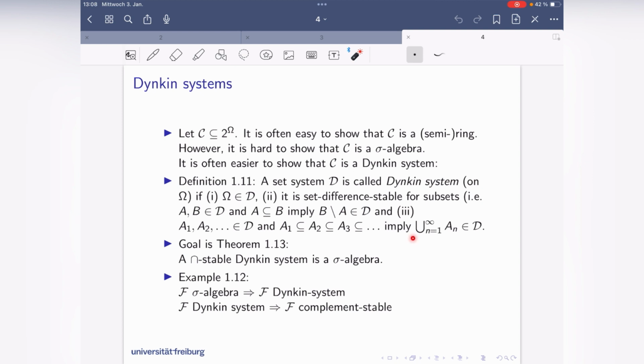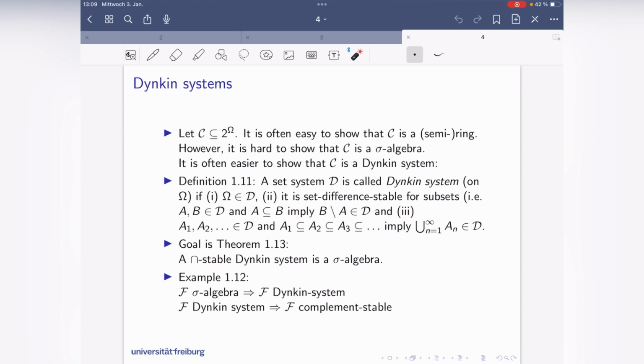And also this sigma union stability holds for the Dynkin system, but only in the sense that if A1 subset of A2 subset of A3, and so on, then the countable union is again in the Dynkin system. So there are some restrictions which are maybe sometimes easier.